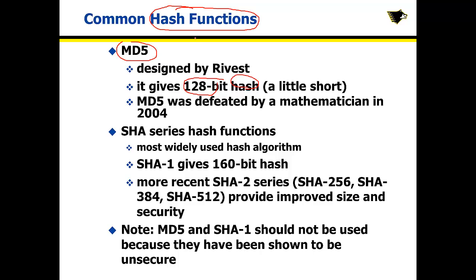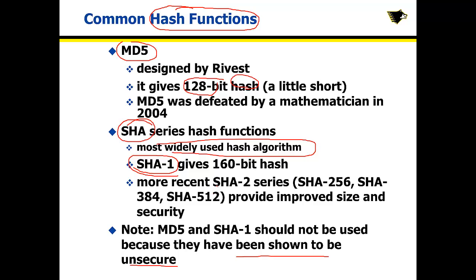Besides the MD5 hash function, we also have the SHA series hash functions. They are the most widely used hash algorithms. There are the SHA-1 and SHA-2 series functions. SHA-1 generally should not be used because it has been shown to be insecure.